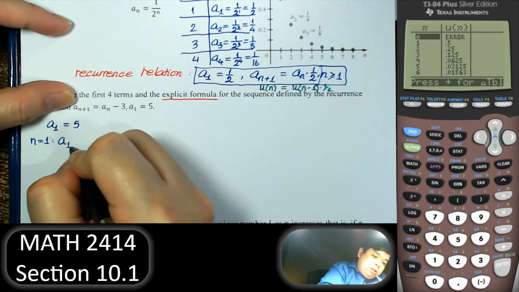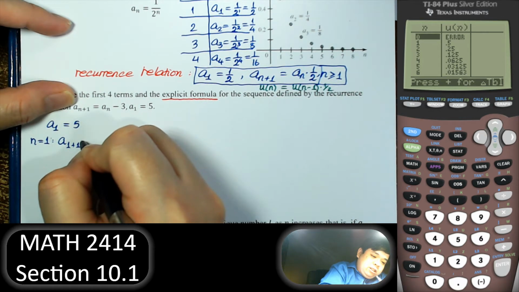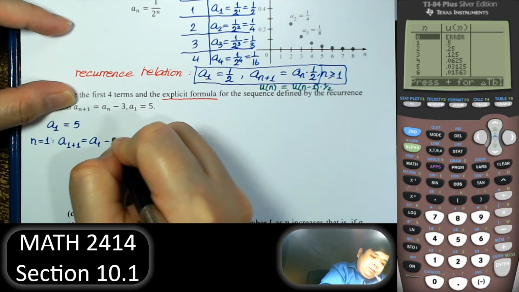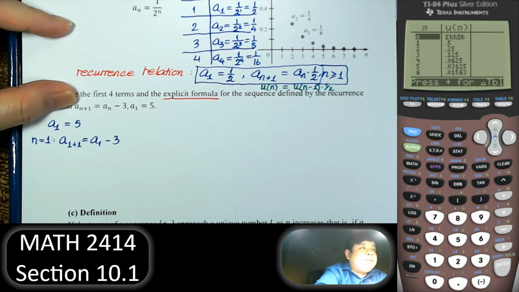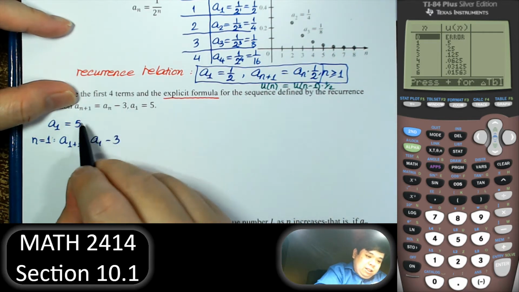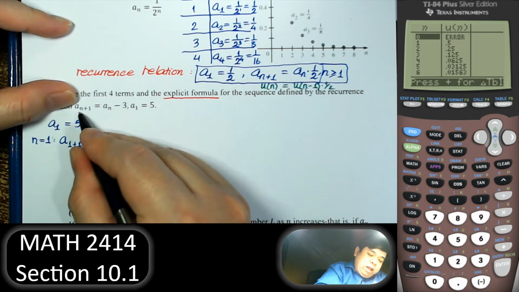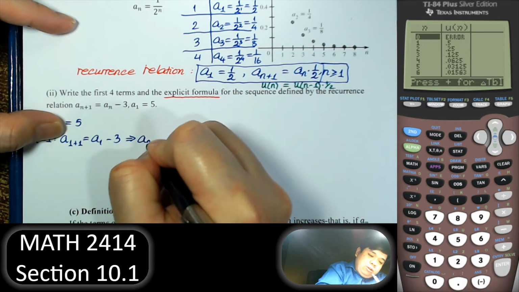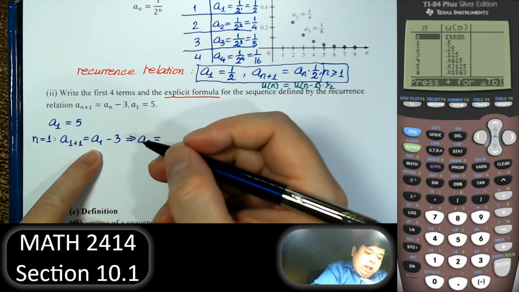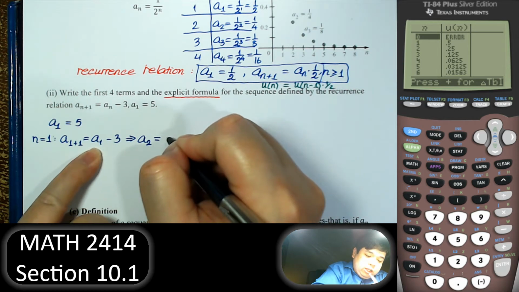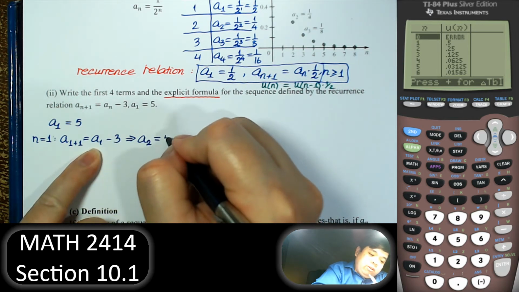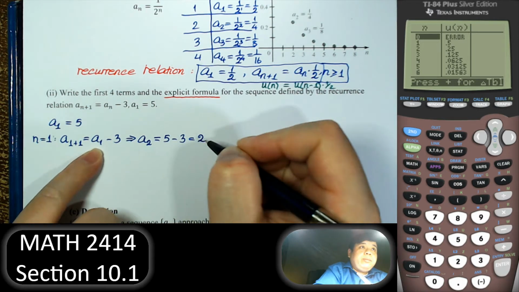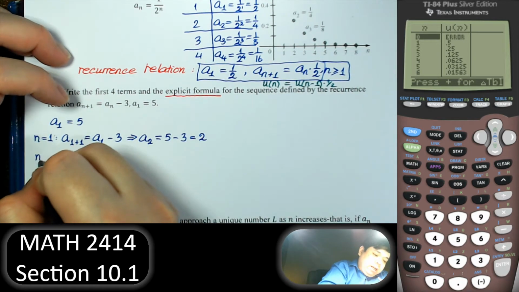1 plus 1, right? Put 1 into n here, and so that gives us a2 equal to a1 minus 3. a1 is 5, minus 3 is 2. Then n equal to 2.